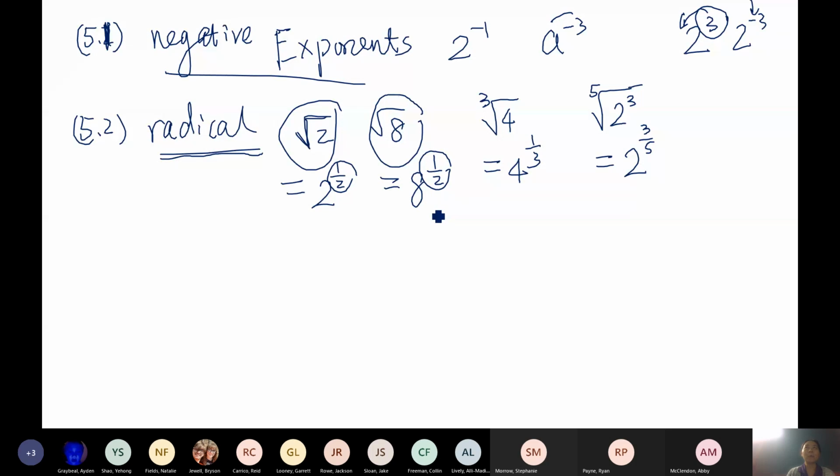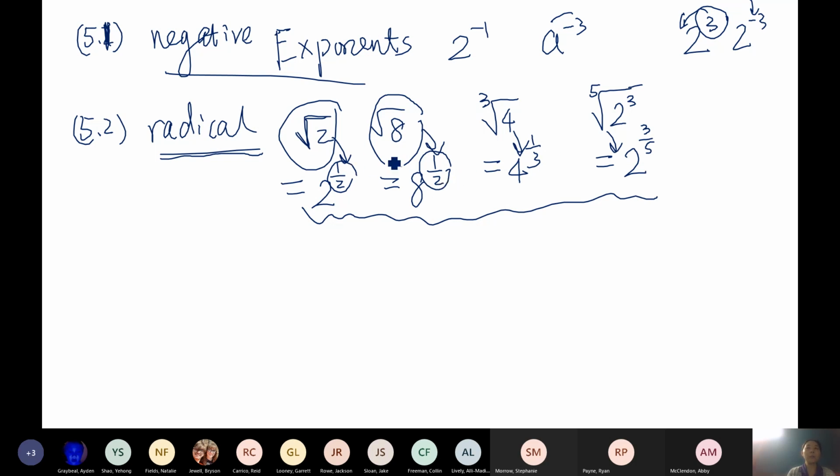The reason we create those symbols is, especially in calculus class, when you apply formulas, you will need to make sure your expressions are described in the exponential form, because all the formulas are written in that form. So when you have radicals, you can change them to a fractional exponent.